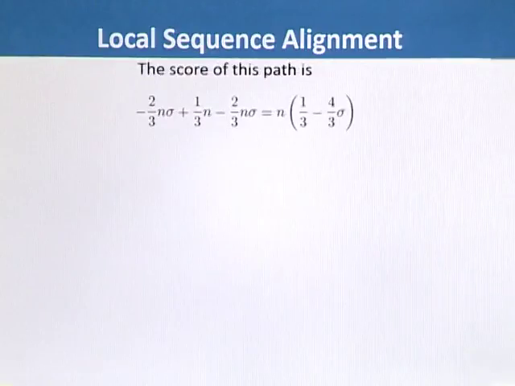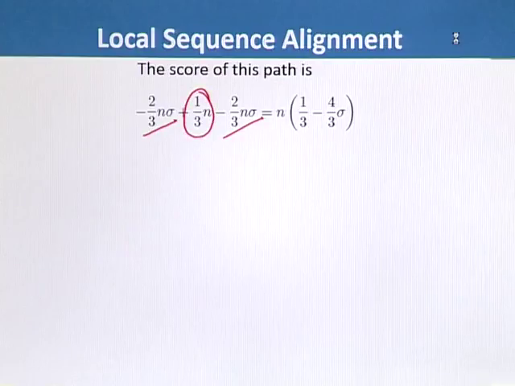So here we can see that the score of this path is, as we have already assigned it, 2/3n sigma to the vertical and 2/3n sigma to the horizontal edge and 1/3n to the diagonal edge. So if we calculate it, it comes out to be n(1/3 minus 4/3 sigma).